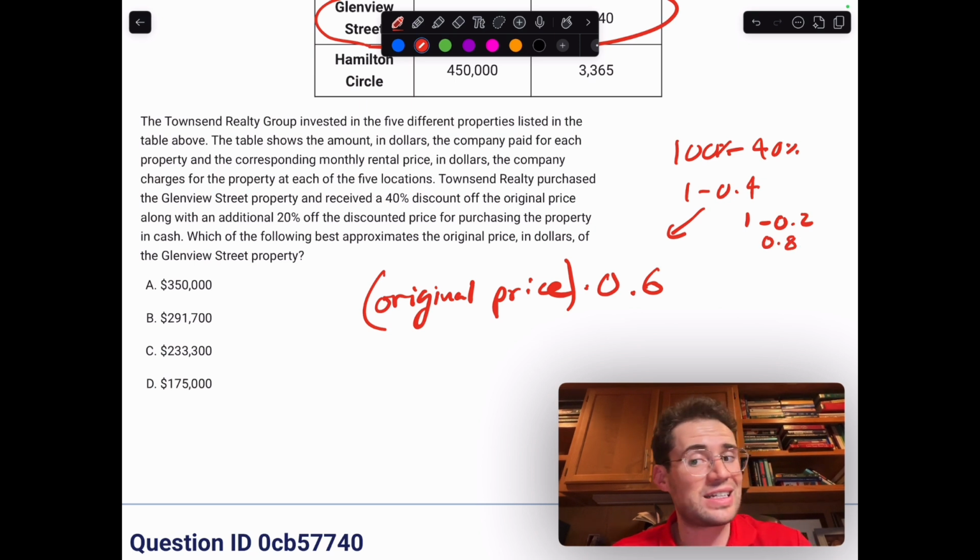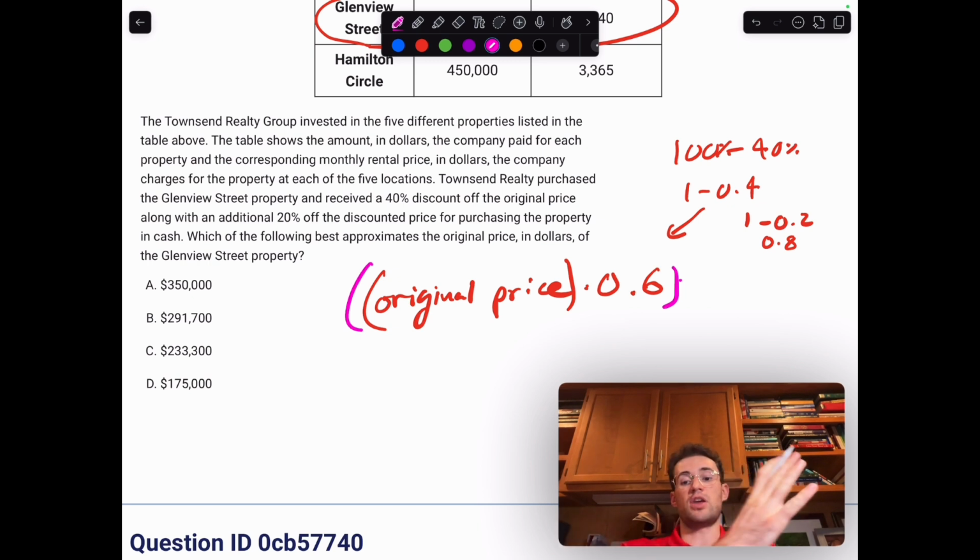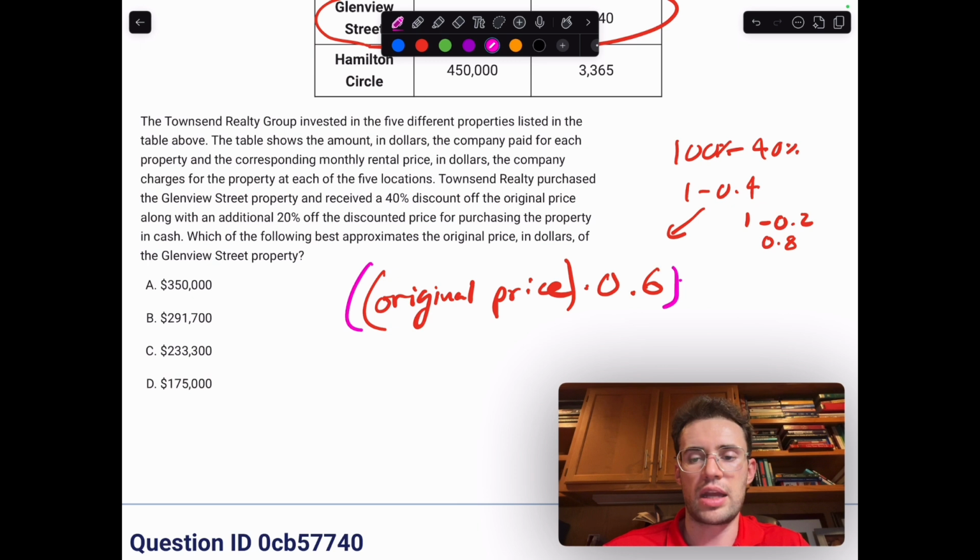Now you can't just take off 20% from the 60, right? It's not just going to be 40% of that. You have to multiply it separately because it's 80% of the discounted price. 20% off of this is a different amount, because 20% of the original was more than 20% of this new price. So you can't just add the discounts.